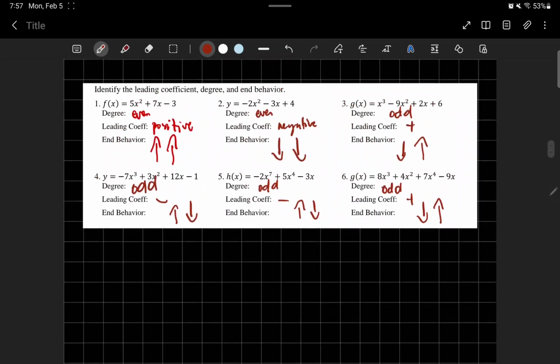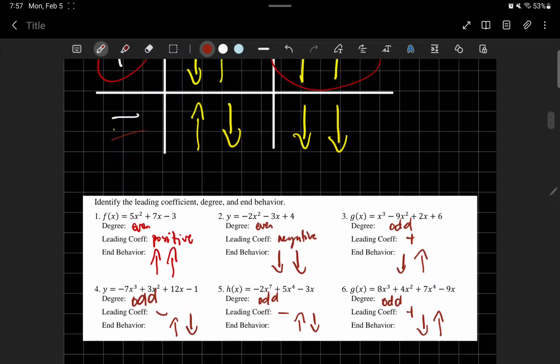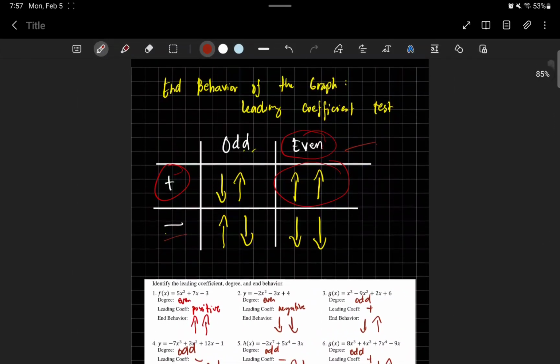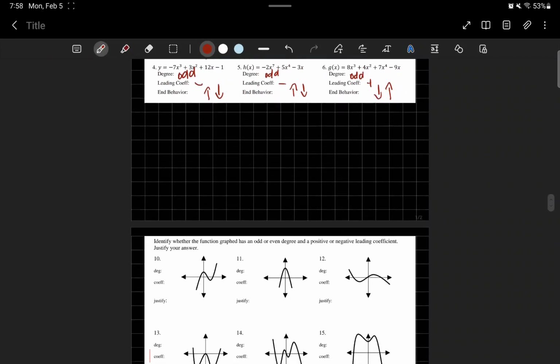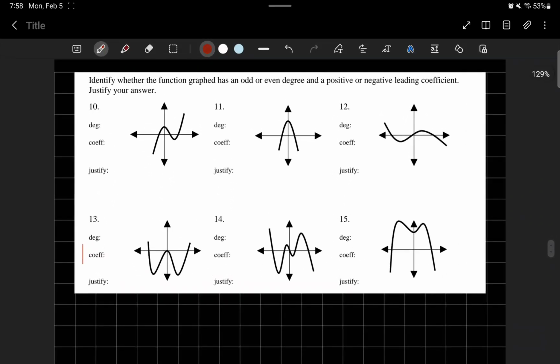Okay, so I hope you understand this part, the end behavior of a graph using the leading coefficient test. Okay, so let's try this one naman. Let's identify whether the function graph has an odd or even degree and a positive or negative leading coefficient. Okay, number 10. So ano ba yung behavior ng graphs nito? So this is falling, rising.